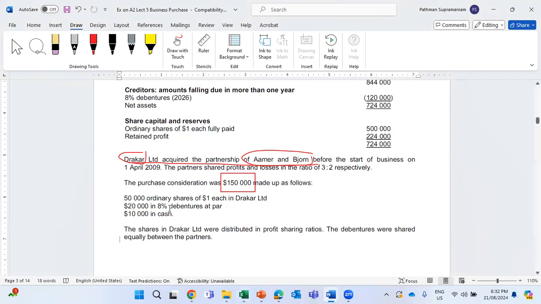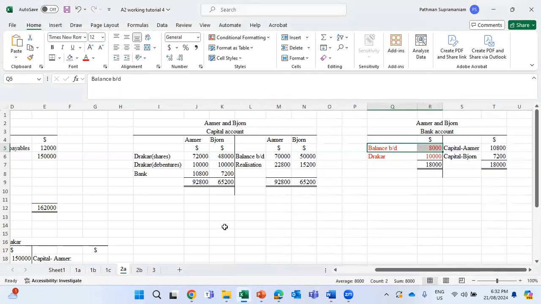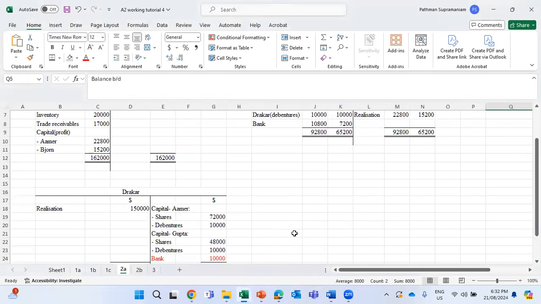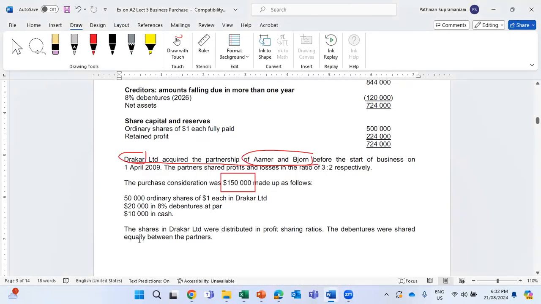The cash goes straight to the bank account, not directly to the partner's capital, but the shares and debentures go directly to the partner's capital. So we credit Reka with the debenture, 10,000 each, because the question says that the debentures are shared equally among the partners.